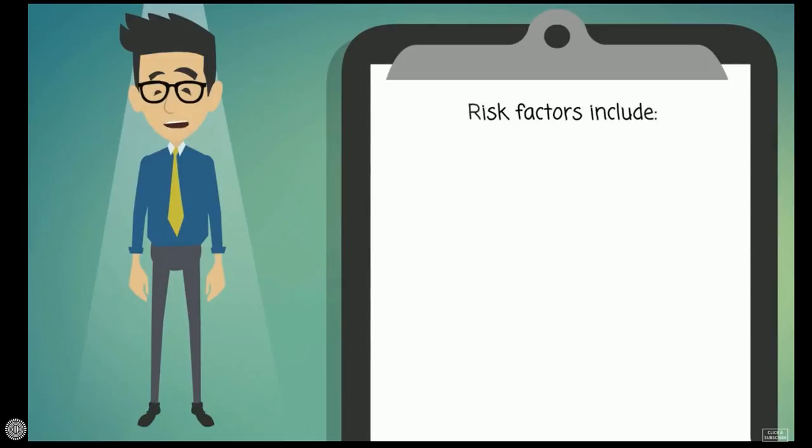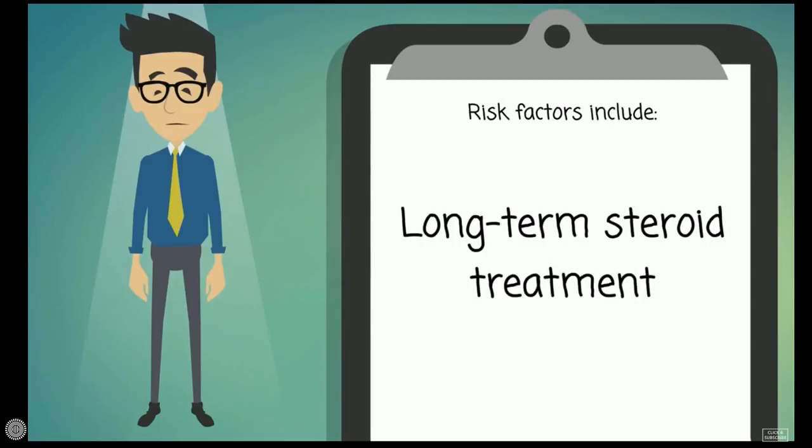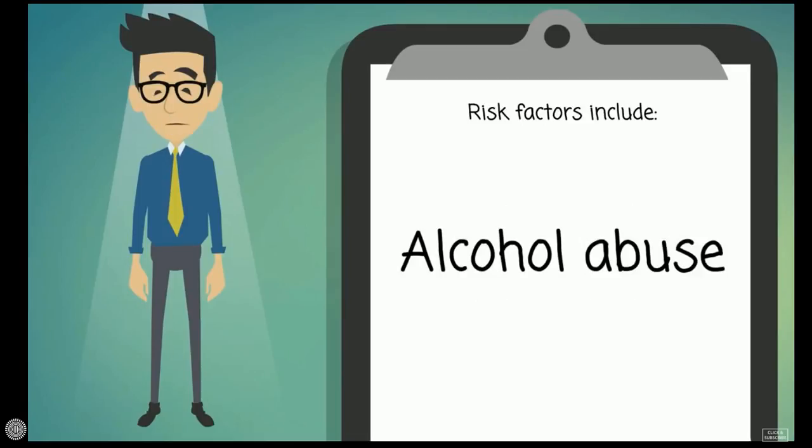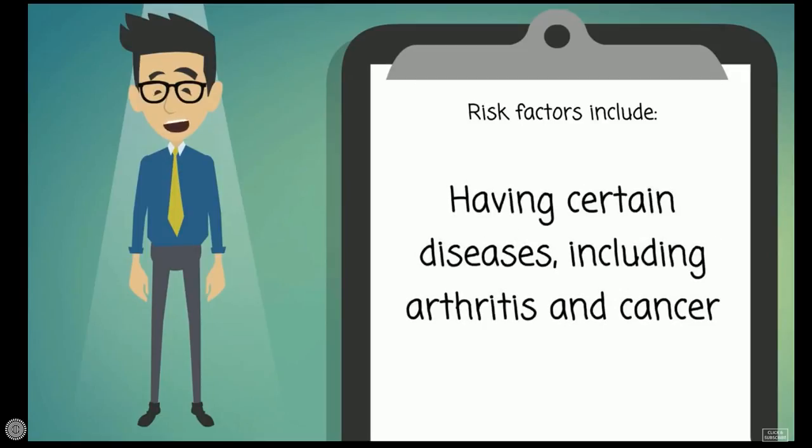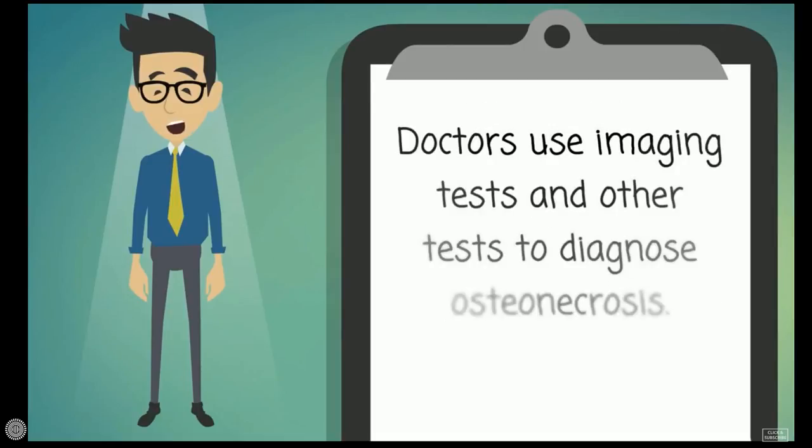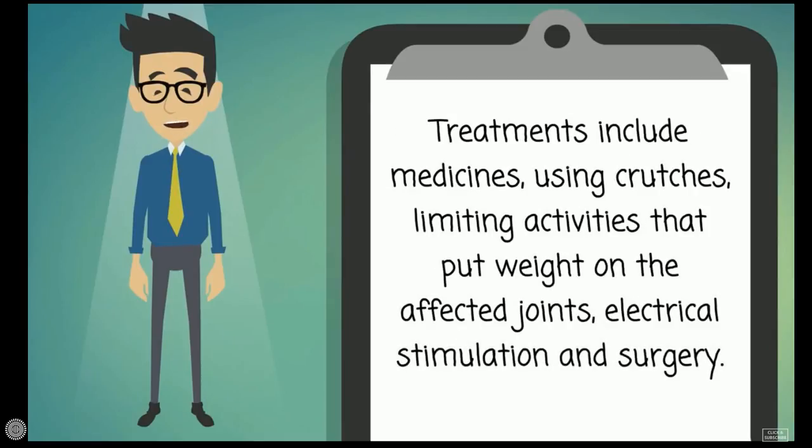Risk factors include long-term steroid treatment, alcohol abuse, joint injuries, having certain diseases, including arthritis and cancer. Doctors use imaging tests and other tests to diagnose osteonecrosis. Treatments include medicines, using crutches, limiting activities that put weight on the affected joints, electrical stimulation and surgery.